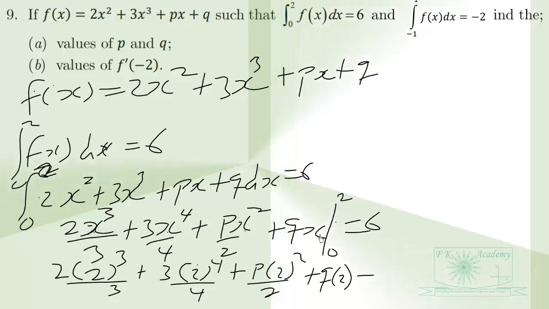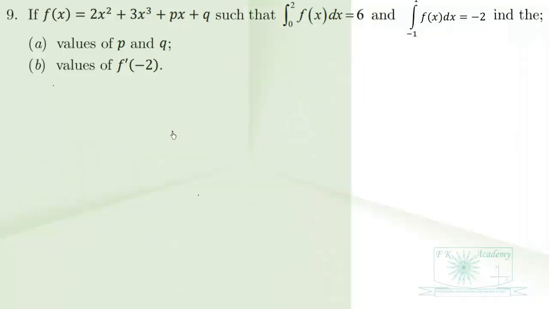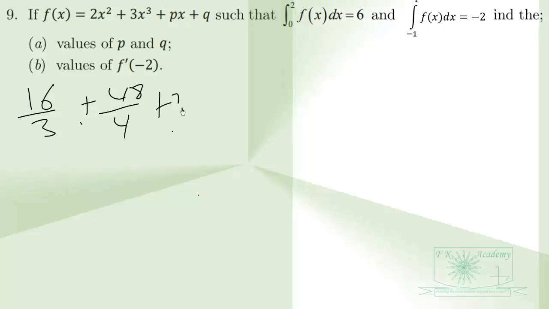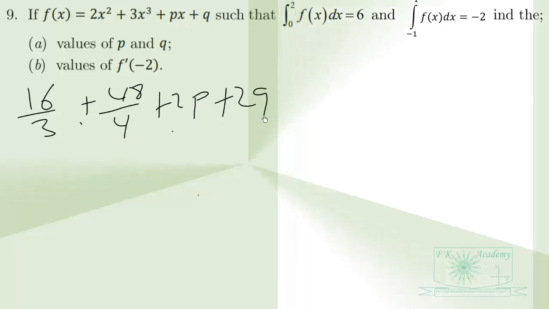You see that will give us 0. So minus 0 is equal to 6. So this will give us 16 over 3 plus 48 over 4 plus 2p plus 2q is equal to 6.